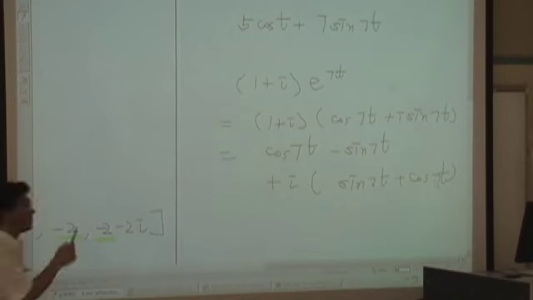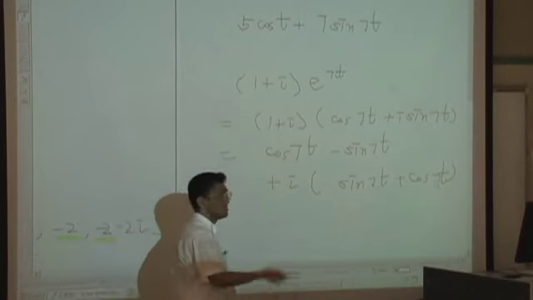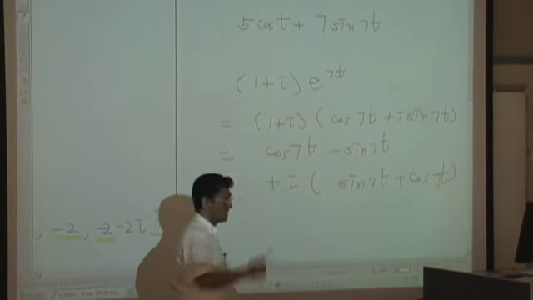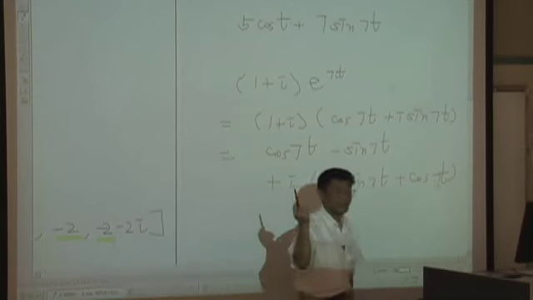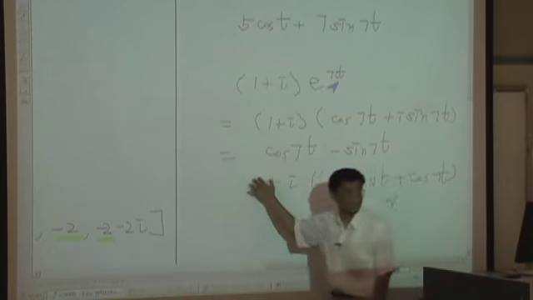You follow me? So once we change it to complex numbers, we cannot just say, oh, this represents sine, this represents cosine. Do you get it or not? You cannot say one contributes for sine 7t, and then one here contributes for cosine. As you can see, there can be different contributions.